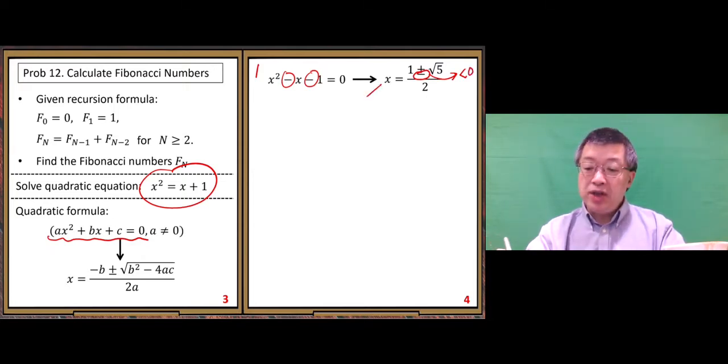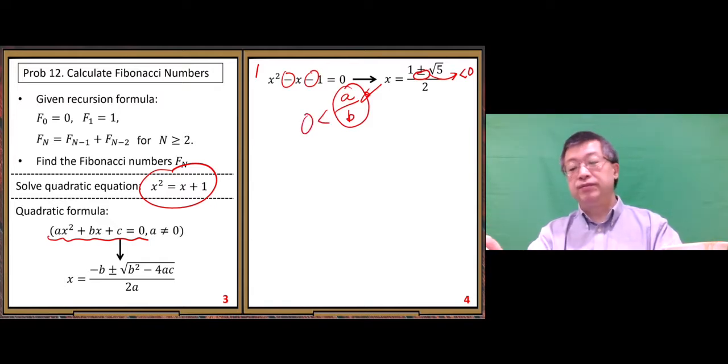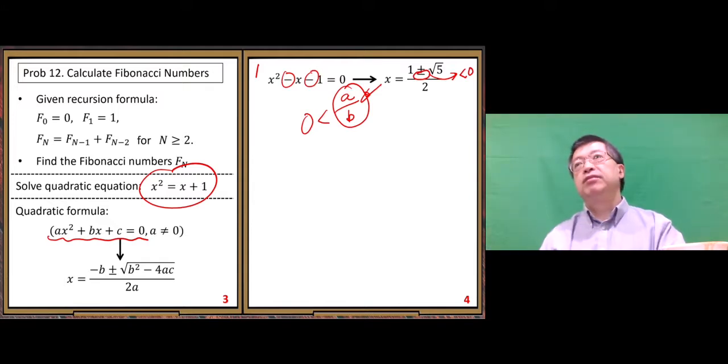But the x, based on our definition, is the ratio of the longer segment a over the shorter segment b, so it must be greater than 0. So based on this interpretation, the negative root does not satisfy our condition, so we drop it.